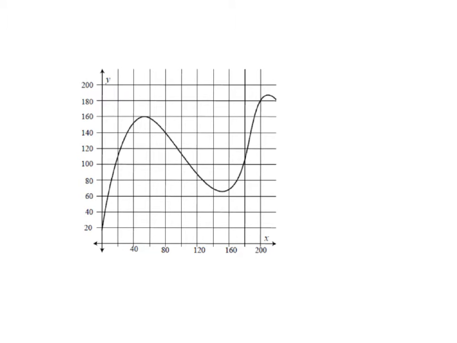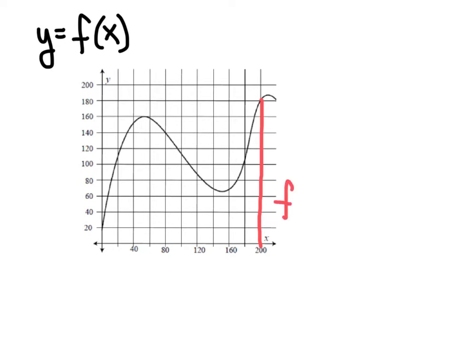Consider this graph from Module 3 Investigation 2, and let's let y equal f of x. For the input quantity of 200, f of 200, the output, will equal 180. We can represent this output value by the length of a line segment. Also, we can represent the value of f of 80 with a line segment that is 140 units long.